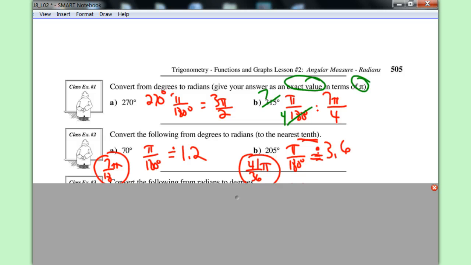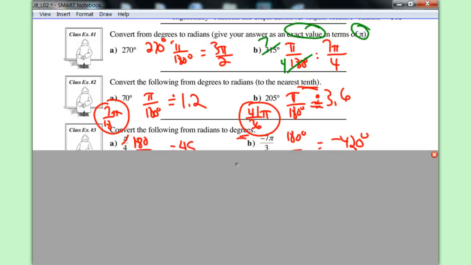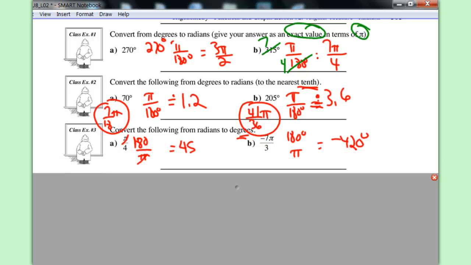so it's approximately equal to 3.6. If you want to convert those radians to degrees, well, now you go the other way, and notice that if I just think about units, you want to blow up the radians with radians and leave behind the degrees. So that's why we're multiplying by 180 over pi instead of by pi over 180. And when you simplify that, we end up with 45 degrees.